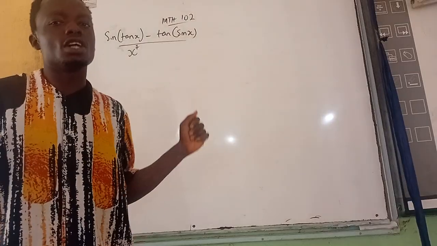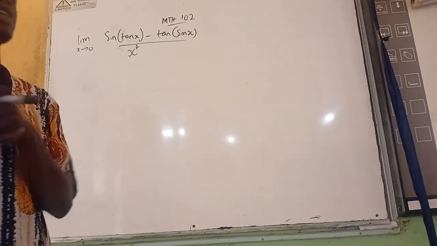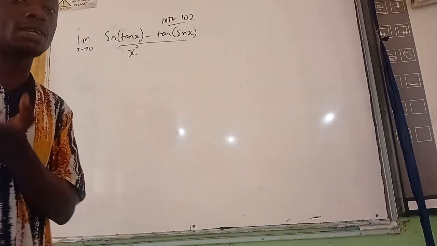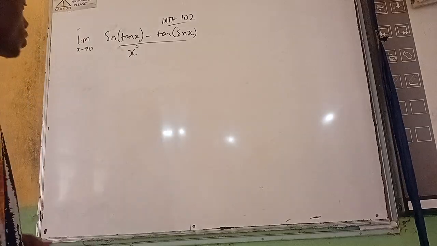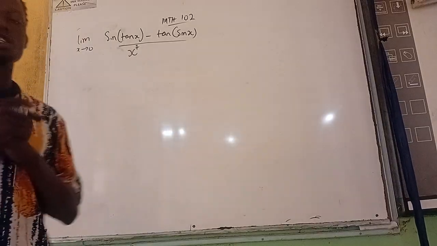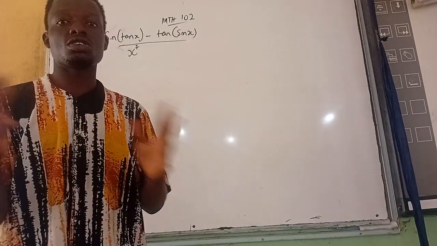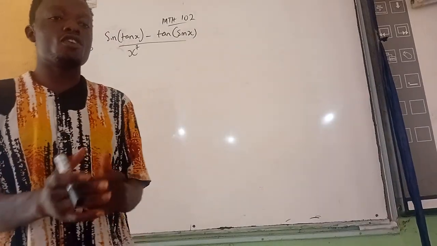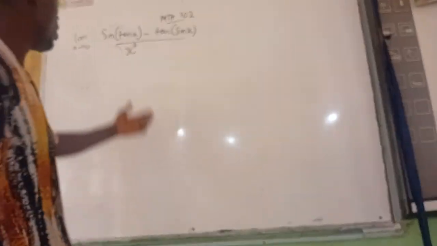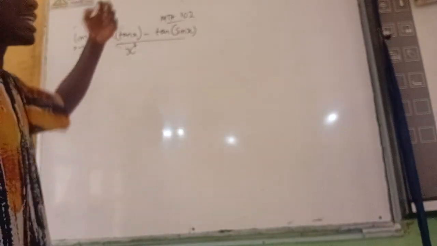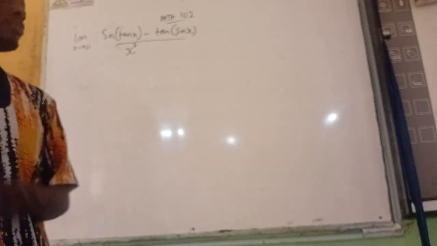Now, I don't want to use L'Hopital's rule because I'm going to differentiate 7 times, which is going to take a lot of time. So let's just use series expansion. Go and watch my video on Taylor series because I'm not going to be teaching Taylor series. I'm just going to give us directly the values of tan x and sin x. Are we together?